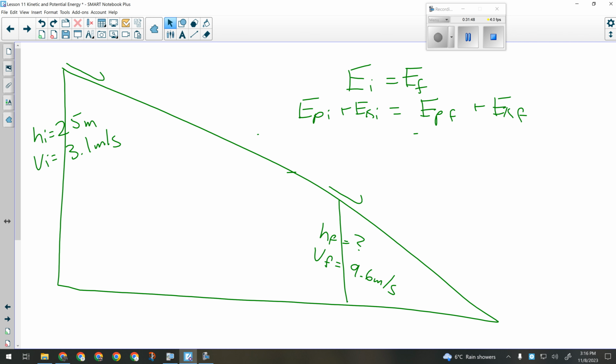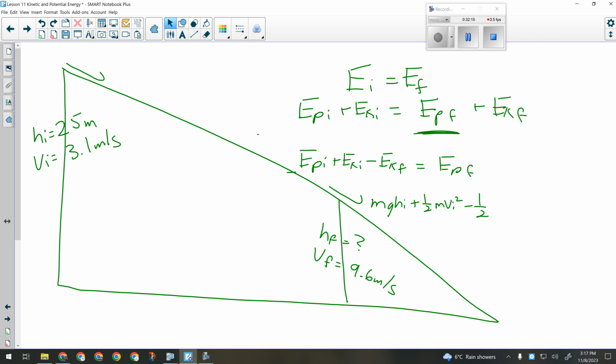Okay, what I'm looking for is part of that term. Agreed? Okay, so I'm going to subtract this term over before I put in all the other variables. Is that okay? Okay, so I'm going to have EP initial plus EK initial minus EK final equals EP final. That's going to mean M times G times H initial plus 1/2 MV initial squared minus 1/2 MV final squared equals MGH final. Everyone okay with that?